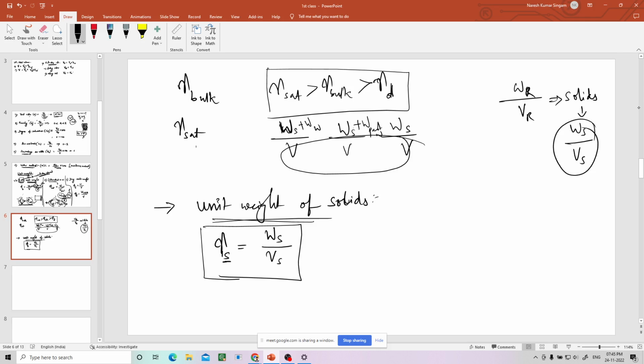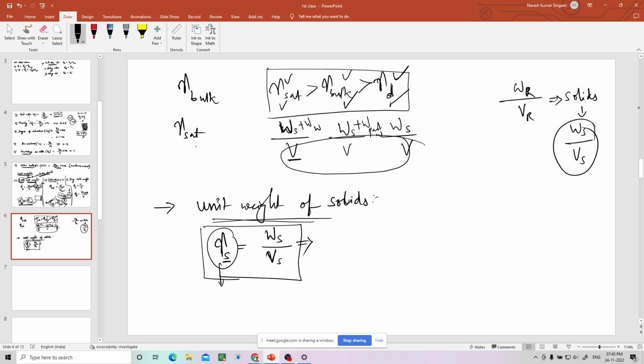We are not talking about volume of soil. Fully saturated unit weight of the soil, bulk unit weight of the soil, dry unit weight of the soil are related to the volume of soil. Whereas this is not unit weight of the soil, this is unit weight of the solid. That is the reason why you have to use volume of solids here.